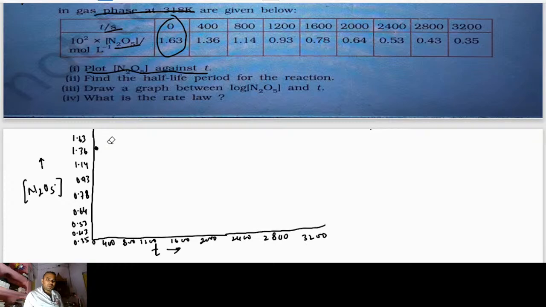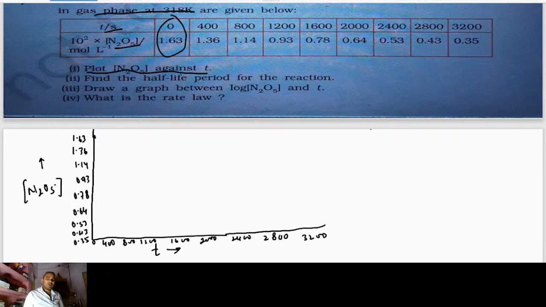So when the time is, student, how much is there? So here on the top it is 0. Let's see, student, the screen has gone a little bit.